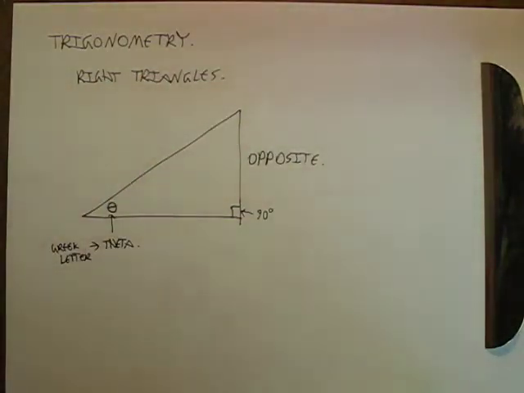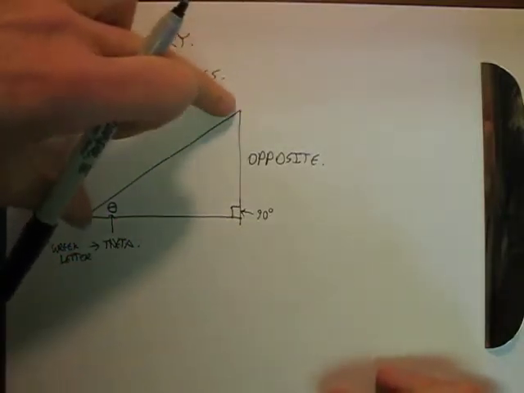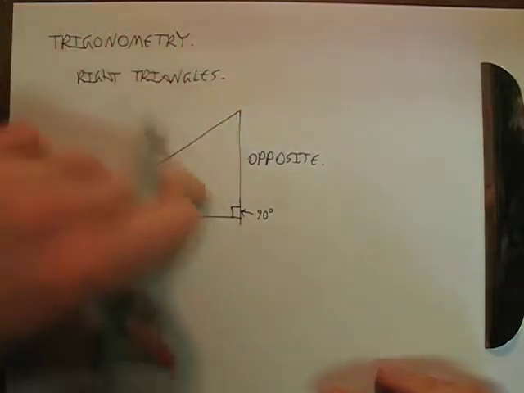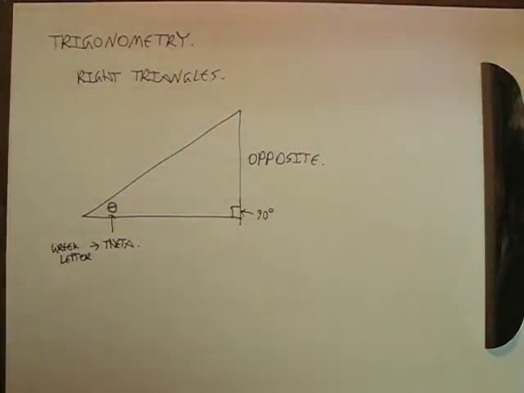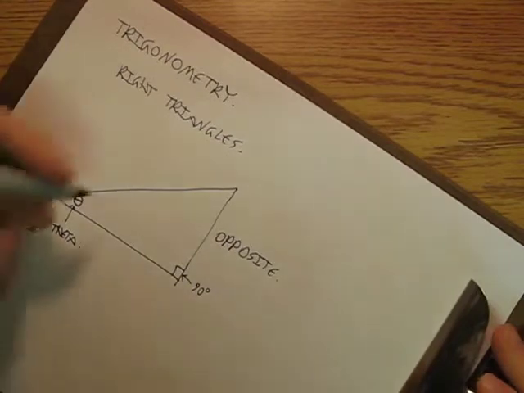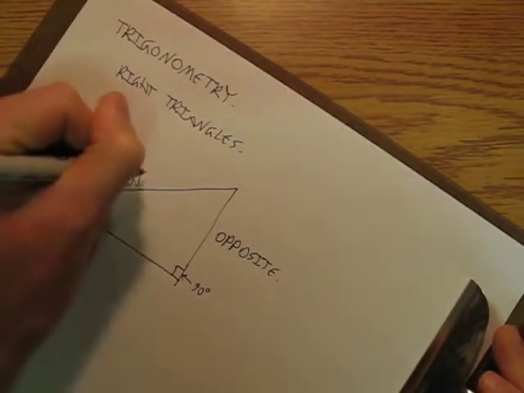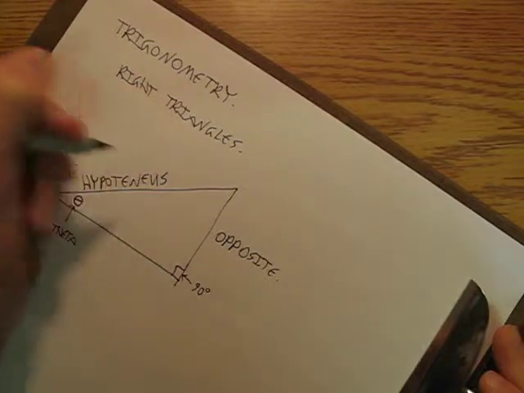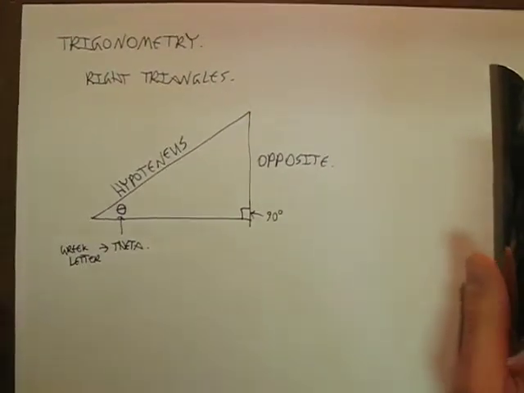Now there's another one. I should start off with this one. This big one, opposite the 90, has a big name, and I'm sure you probably know what that big name is. We're going to call that the hypotenuse.